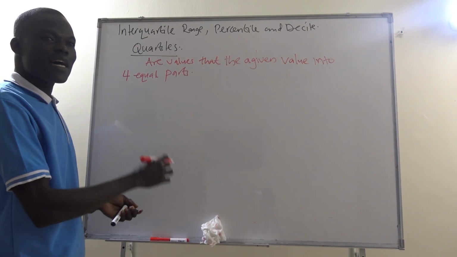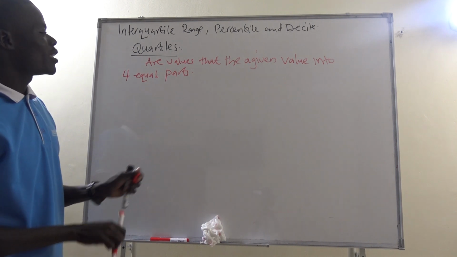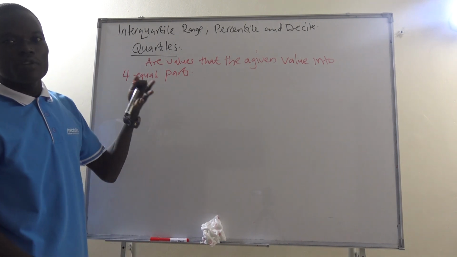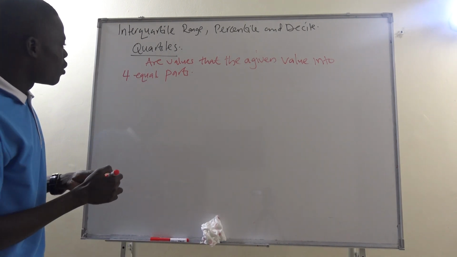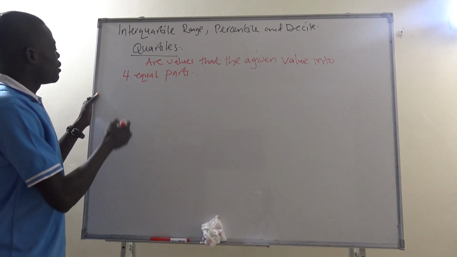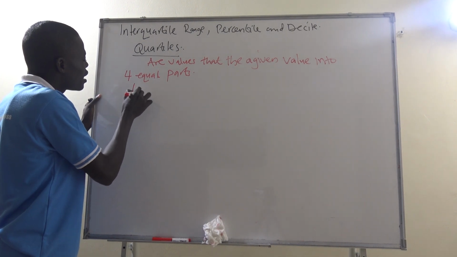So if you divide that cumulative frequency into 4 parts, obviously you will have the upper part, the lower part, and then the middle part.